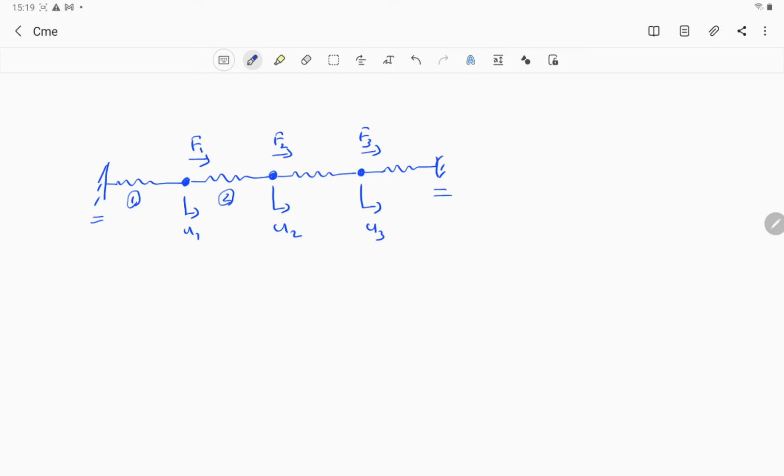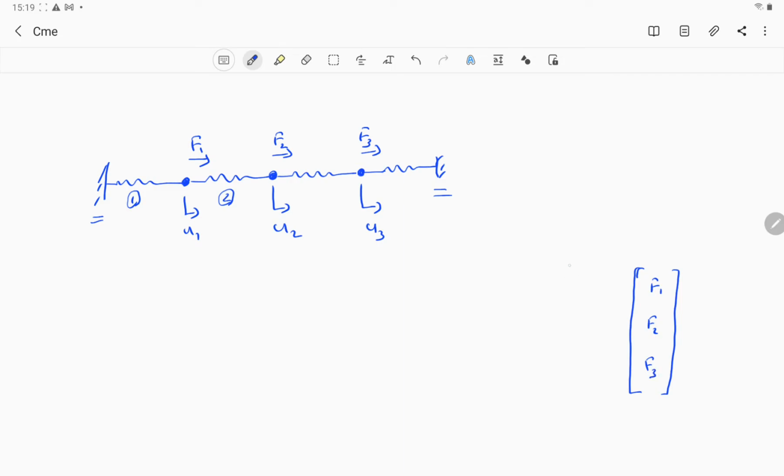So what do we mean by the matrix that we are talking about? Let me write a force vector as a column vector: F1, F2 and F3.